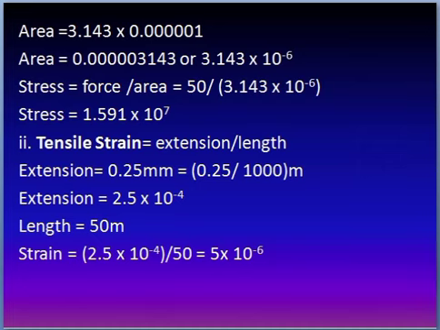We now multiply the value by 3.143. So we now have 0.000003143, or 3.143 times 10 raised to the power of minus 6 meters squared.